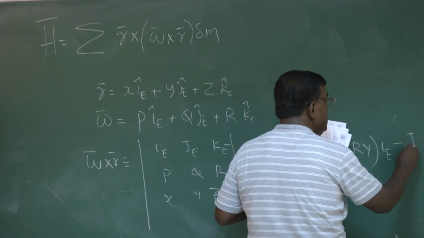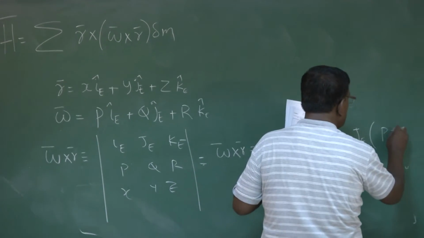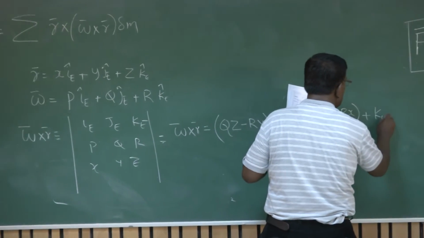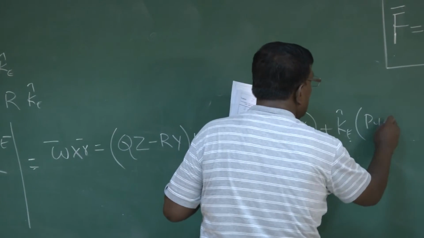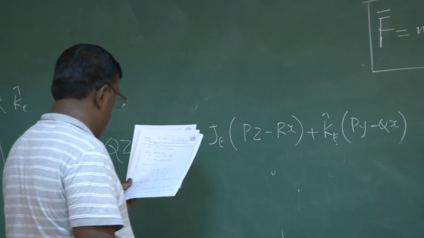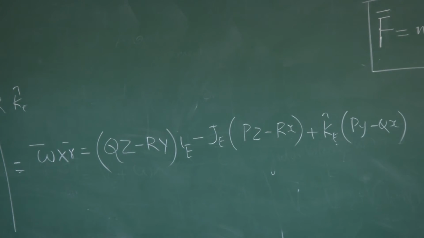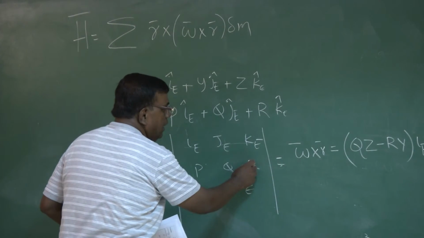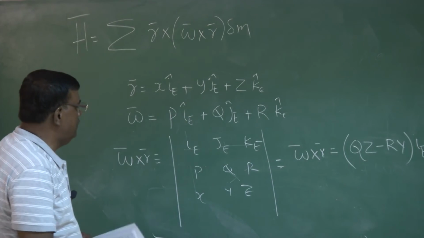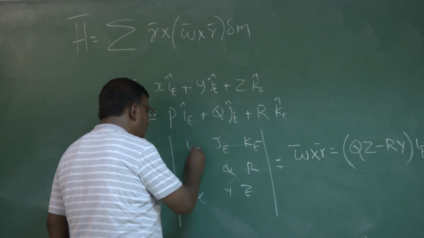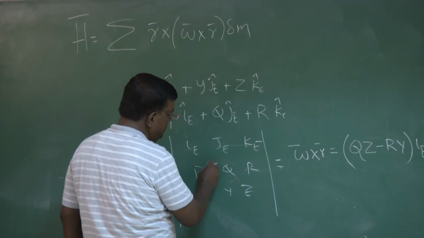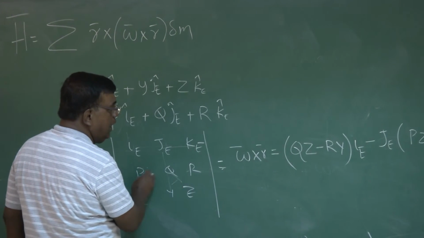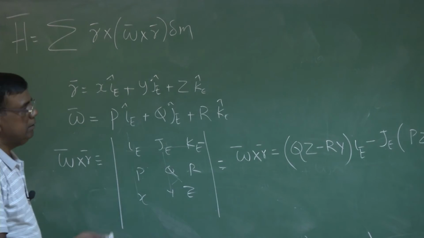Ie into (qz minus ry), minus Je into (pz minus rx), plus Ke into (py minus qx). Right? You know how to do it. So you could see here Ie into (qz minus ry), then minus Je into (pz minus rx), plus Ke into (py minus qx).